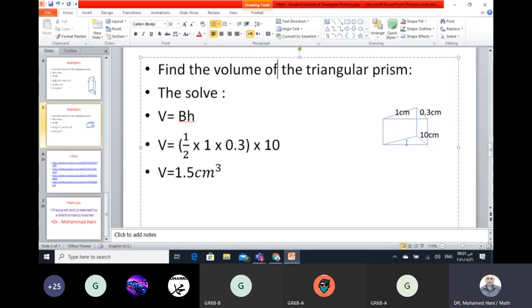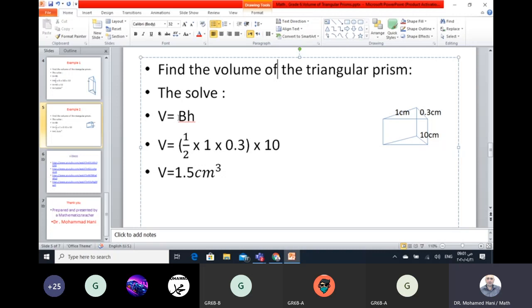The first step, write the formula. The volume of the triangular prism equals the area of the base triangle multiplied by the height of the prism.